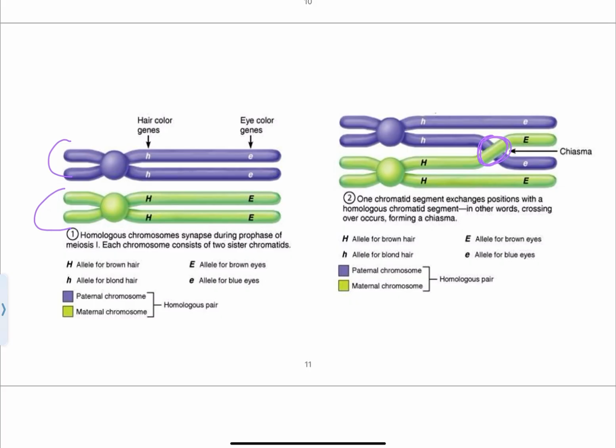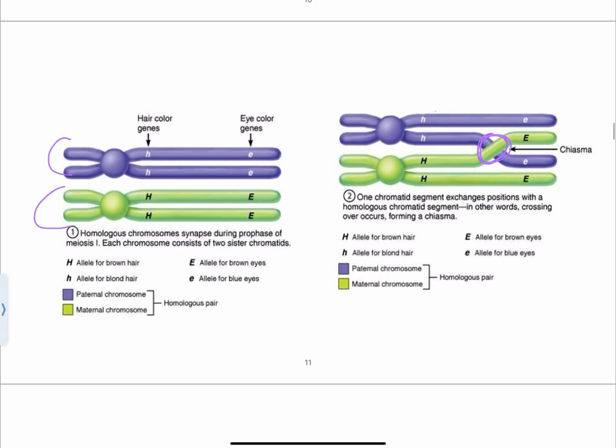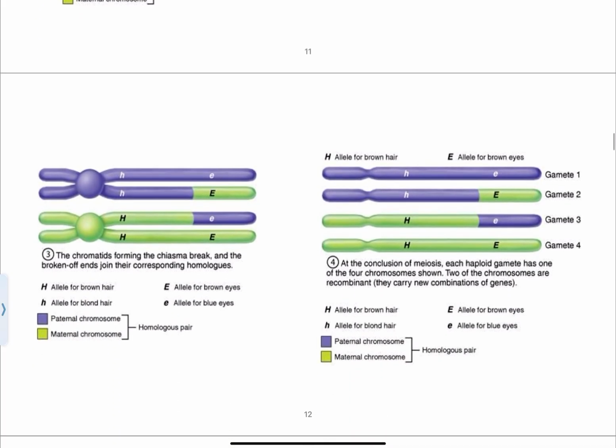So this is just an illustration showing you what's going on. We have a purple chromosome right here, and that's our paternal one, and then we have a maternal one here in green. Well, they form this chiasma where they connect and link across, so we can see that in the image right here. Where they connect and where they touch, they can exchange pieces of genetic material. So we get something like this down here.